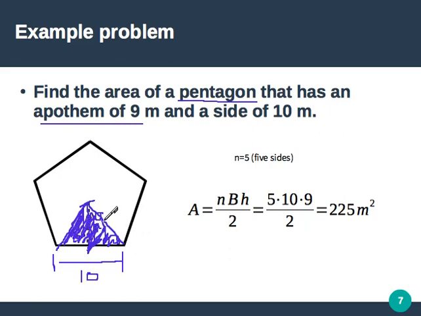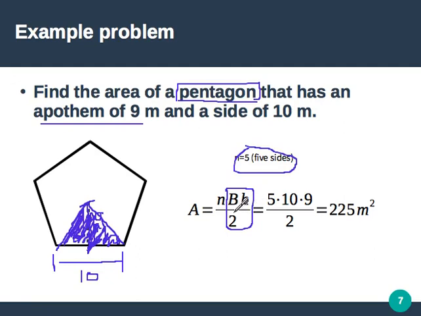So what's going to be next? All you have to do is multiply by how many sides you have. So you just have to remember the names of each of the shapes. That's a pentagon. That means you get a triangle and then multiply that by 5. So there you go. That's the formula for a polygon, which in this case is a pentagon.